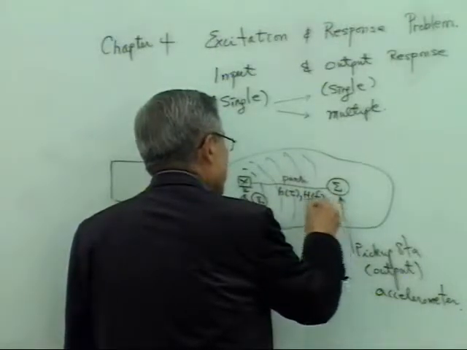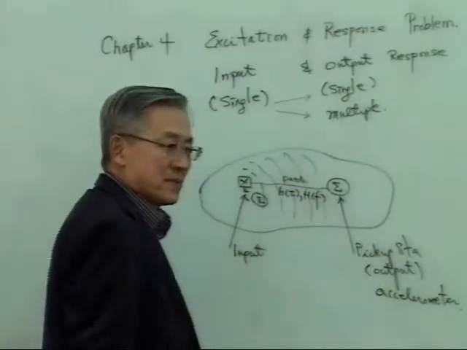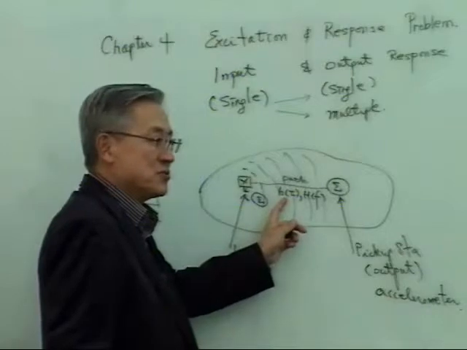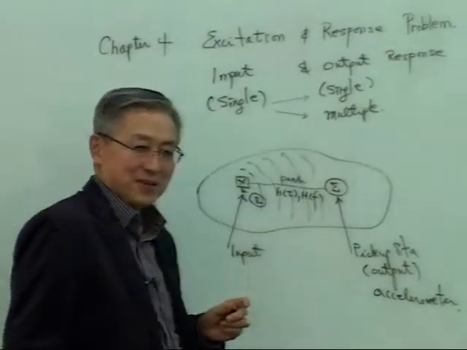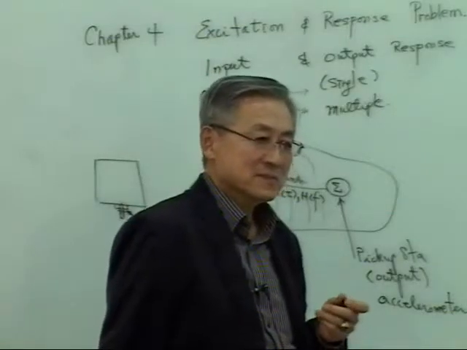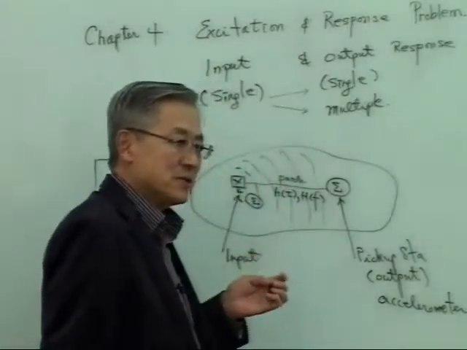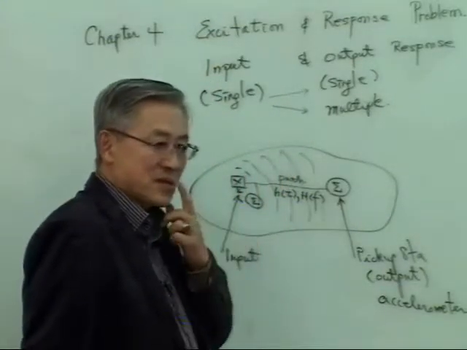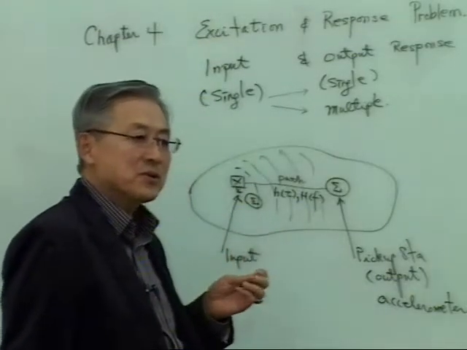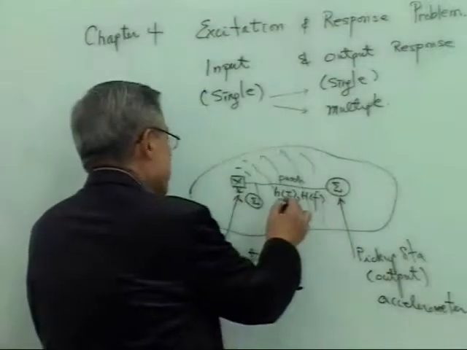What are these? Jongwon, what do you call small h and capital H? We learned in chapter 1. What do you call small h? Jusung? Impulse, unit impulse response function.